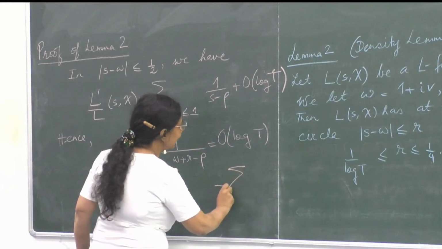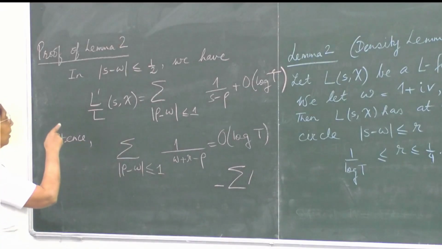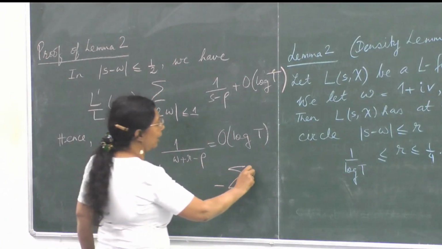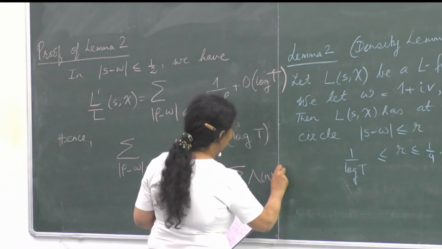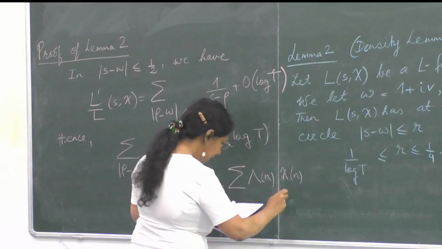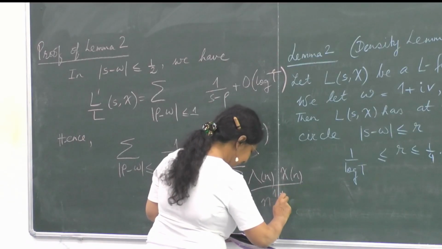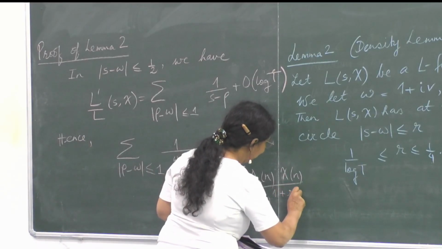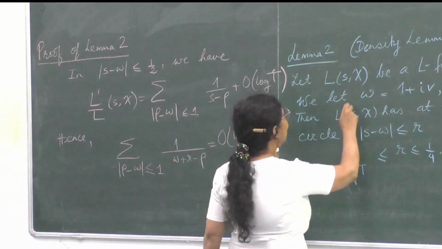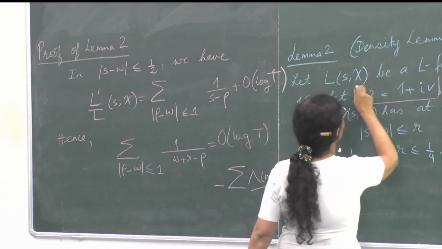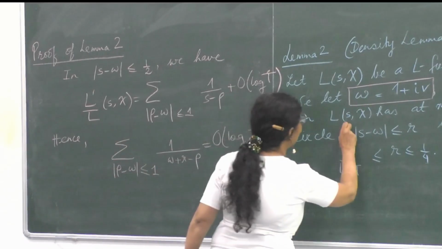You remember the definition? Lambda von Mangoldt, lambda n, chi of n to the power 1 plus R plus i times v. This is my v.